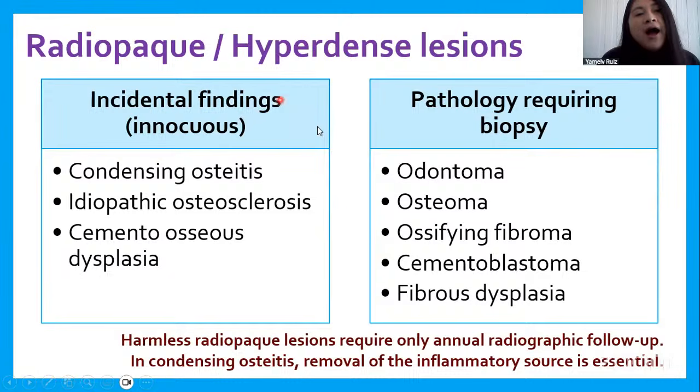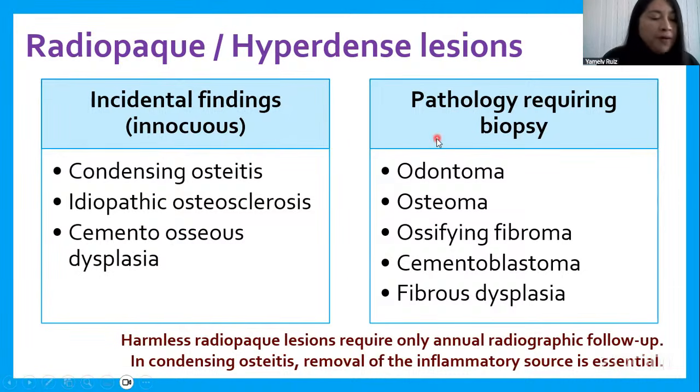The third group are radiopaque or hyperdense lesions. In this group, we have two other groups. The first one is incidental findings. Incidental findings are innocuous or harmless entities. In this group we have some pathologies like condensing osteitis, idiopathic osteosclerosis, and cementoosseous dysplasia.